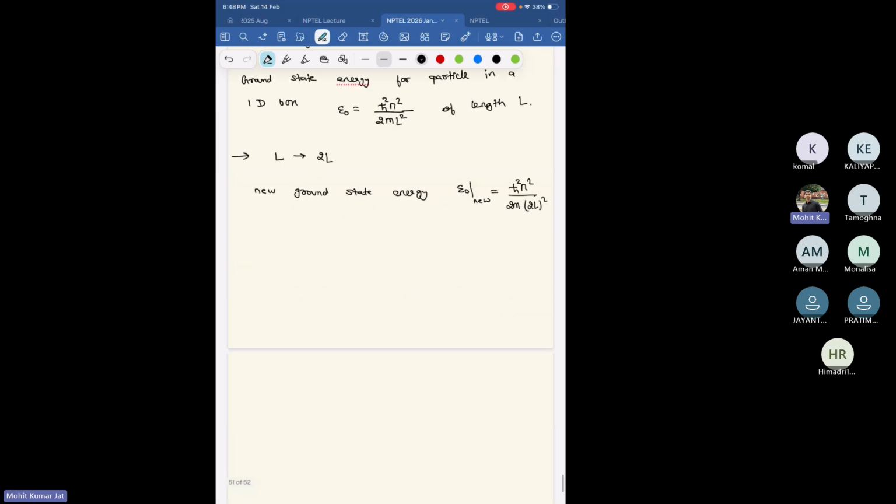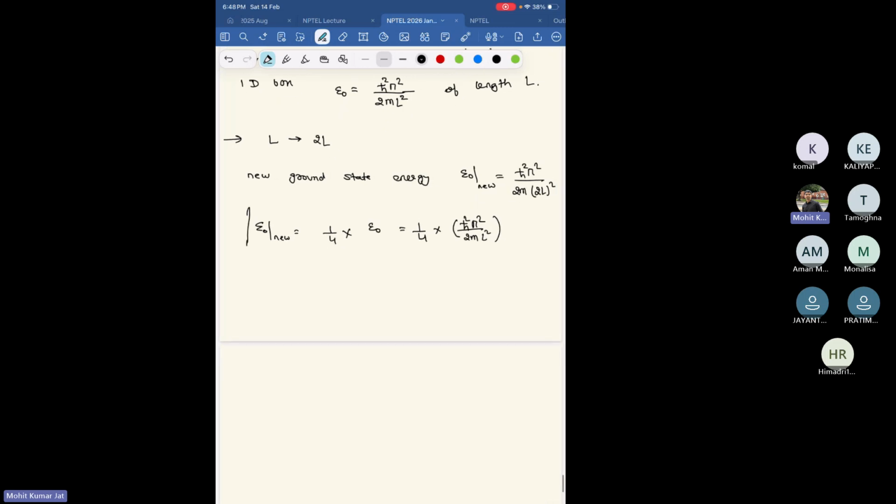So epsilon naught new is actually 1 by 4 times E naught, 1 by 4 times h bar square pi square by 2 m L square. So this will be the new ground state energy.